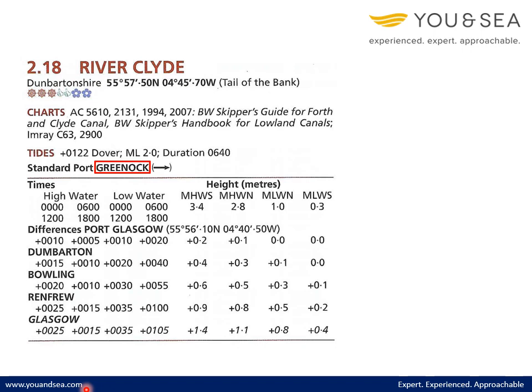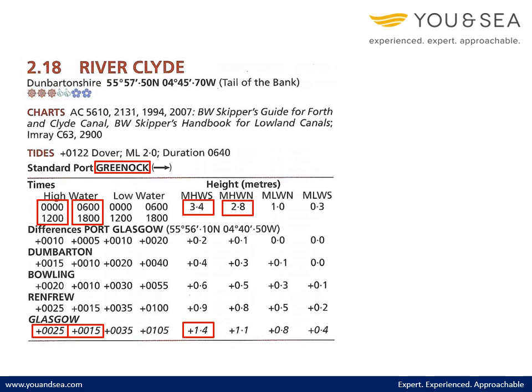This says that if high water was at midday or midnight at Greenock, the differences for Glasgow, which is what we're going to work out, would be 25 minutes later. If high water was 6 AM or 6 PM, the differences to Glasgow would be 15 minutes later. If high water height was 3.4 metres at Greenock, the difference to Glasgow would be plus 1.4.